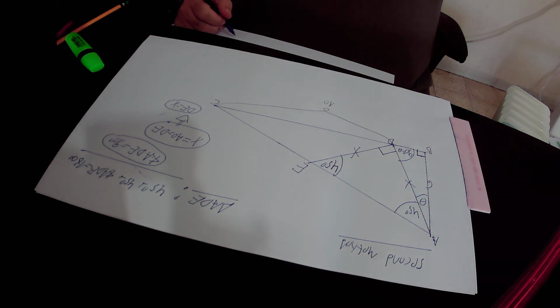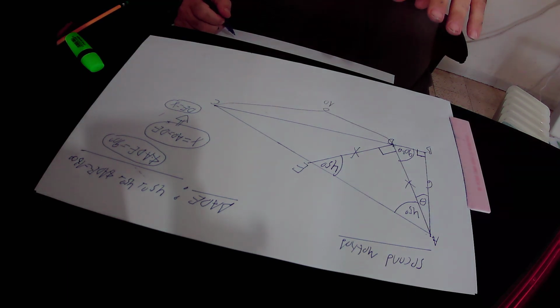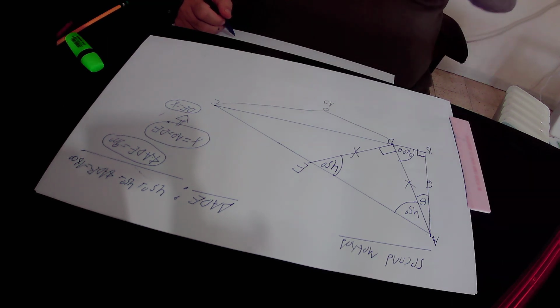And here, we know it is given in the question that triangle ABC is a right triangle, and therefore line segment BC is one side of the right triangle, triangle ABC.